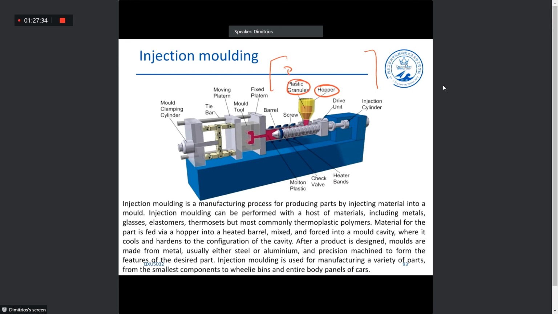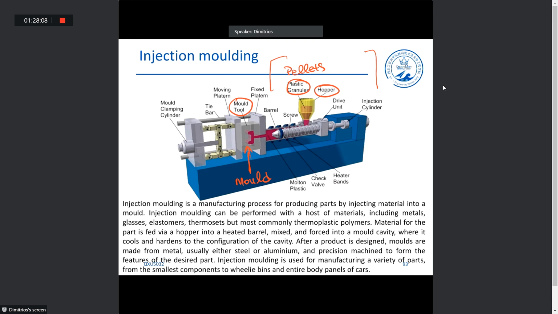The mold consists of a positive and a negative side, and one side of the mold is constant, so it's a fixed pattern here, and one is moving, okay? So we have the fixed pattern here, we have the moving one here, so it closes and opens. Once we fill the mold, we cool it down, and then the moving pattern opens, and essentially we fabricate what is our demanded product.